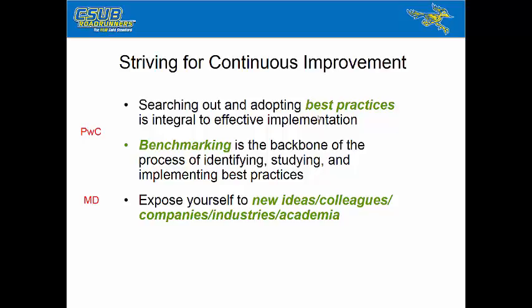And in addition to surfing the net, a great way to do that is to expose yourself to colleagues, companies, industries that are outside of what you do. So for the irrigation project, maybe talk to a banker. It may be the last thing in the world that you think is relevant for the business, but talk to somebody that is in the banking sector and just learn from them what they do on a daily basis.